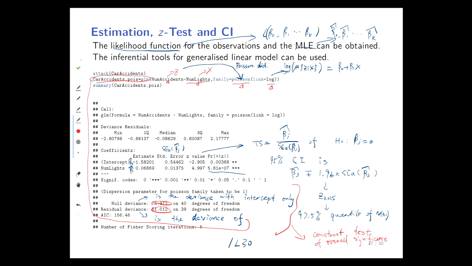Even though I have repeated these 2 figures many times in this course, and these 2 figures are also asked about in your assignment, basically the null deviance is the deviance of the model with the intercept only.